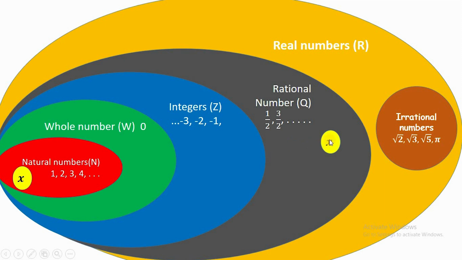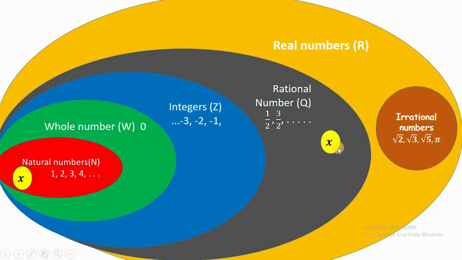For example, let's take the number 1. 1 is a rational number because it can be expressed in the form p by q, that is 1 by 1, which is equal to 1. So 1 is an integer, 1 is a whole number, and 1 is a natural number.